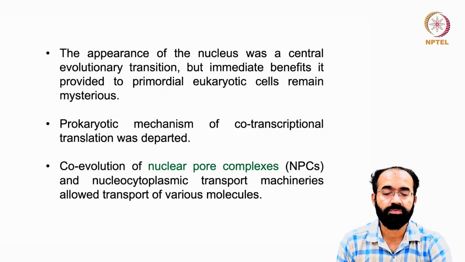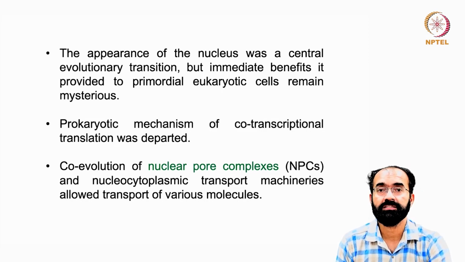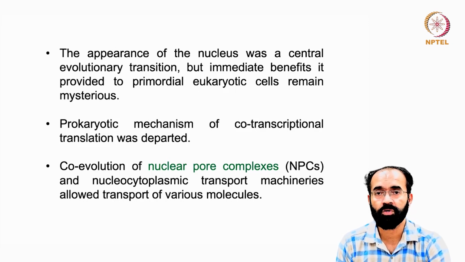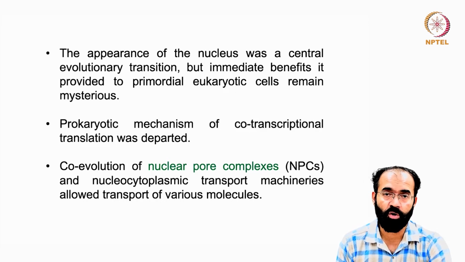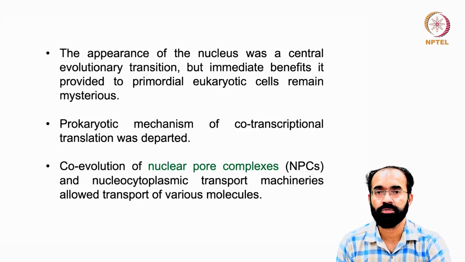The prokaryotic mechanism of co-transcriptional translation was departed from. That means it has changed, because with a nucleus, entry and exit into and out of the nucleus needs to be monitored, and it slows down.